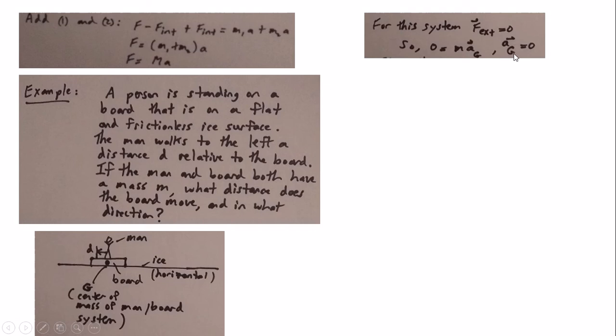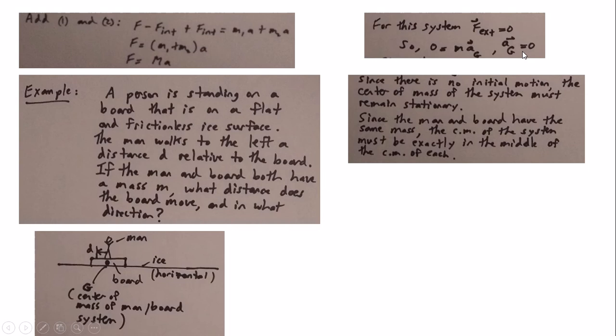As a result, a_G is equal to 0. Since there is no initial motion, the board and man are initially stationary, so the center of mass of the system must remain stationary after the man walks a distance d. This comes from the fact that the vector a_G is equal to 0.